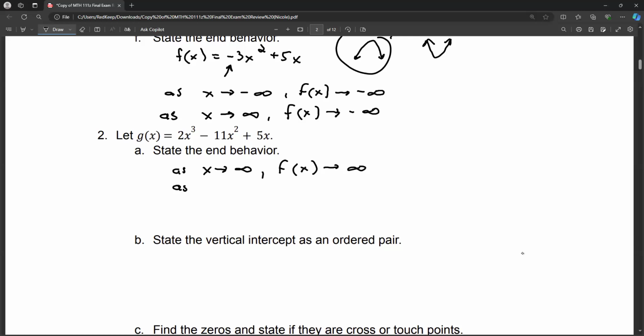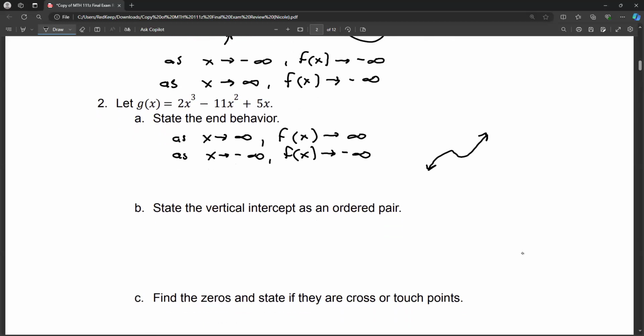And as x goes off to negative infinity, the output goes off to negative infinity. That was just based off of the fact that we have an odd degree polynomial and the leading coefficient is positive. So it's kind of the iconic shape, like this.